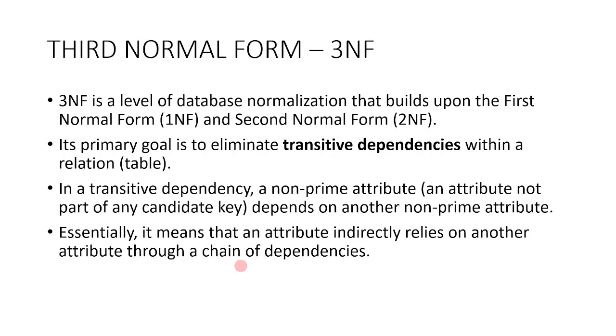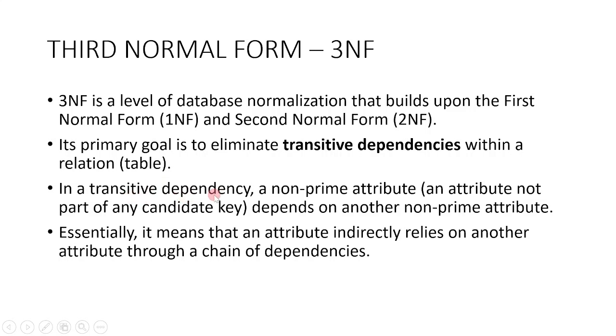The third normal form is a level of database normalization that builds upon the first and the second normal form. Its primary goal is to eliminate transitive dependencies within a table.